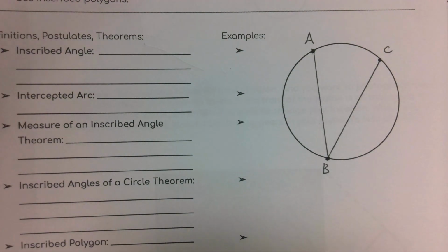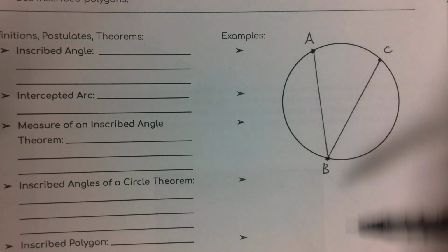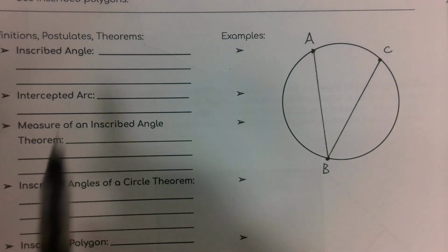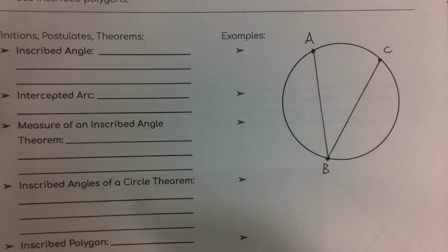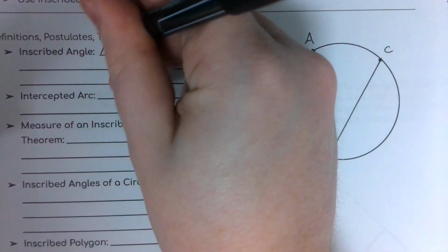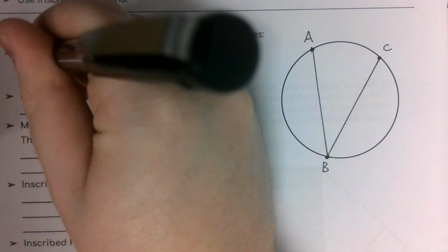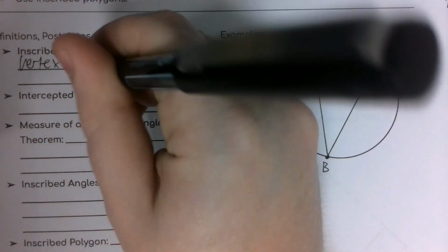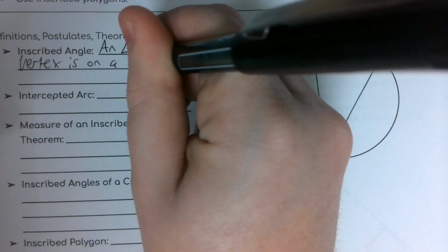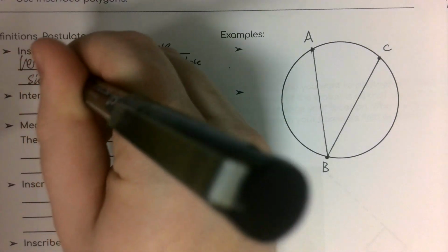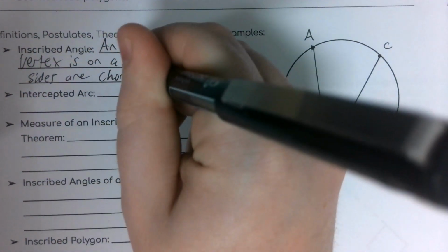Now when we look at this angle, it looks like it is made up of two chords. That is what we would call an inscribed angle. So the definition is, an inscribed angle is an angle whose vertex is on a circle and whose sides are chords.